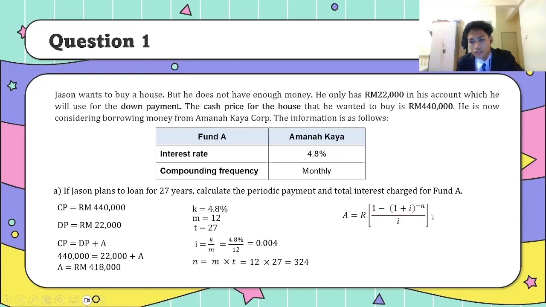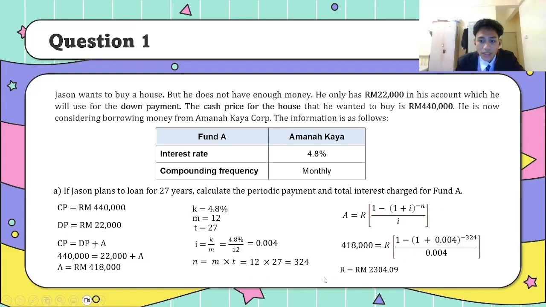And we need to use this formula to get the answer, that is the periodic payment and total interest. Need to list out using this formula, that is A, like this, and we got the payment, that is RM 2,304.09.